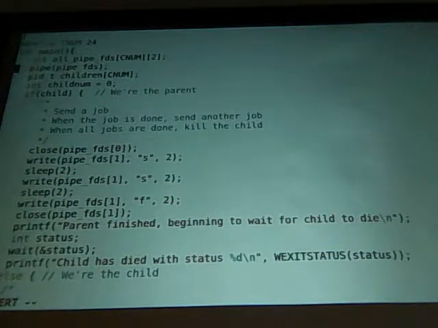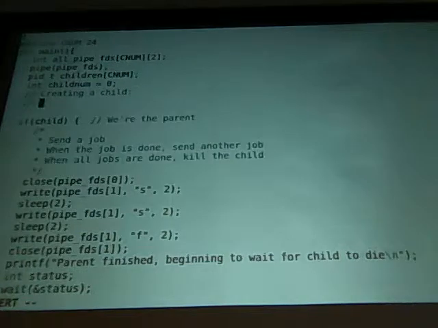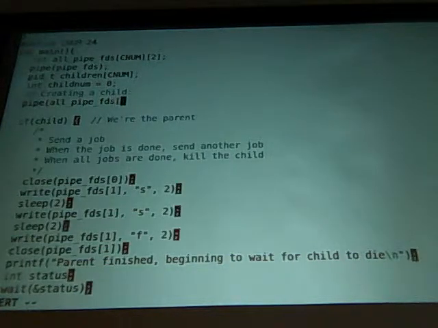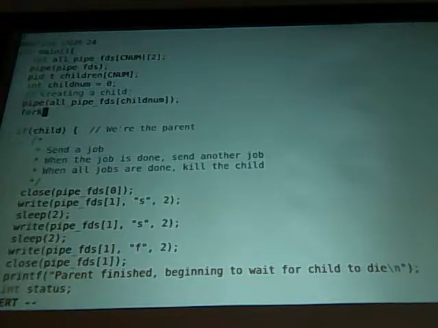So the process of creating a child. What we have to do is, first of all, make our pipe. All pipe FDS set position, child num, like the one we're currently on. And so then after that, we got a fork.